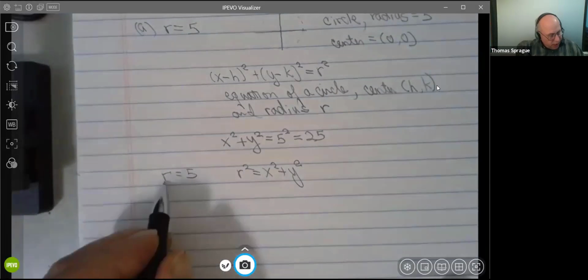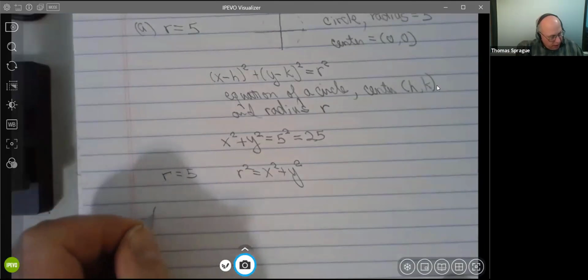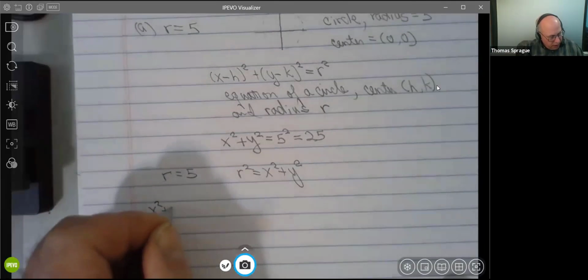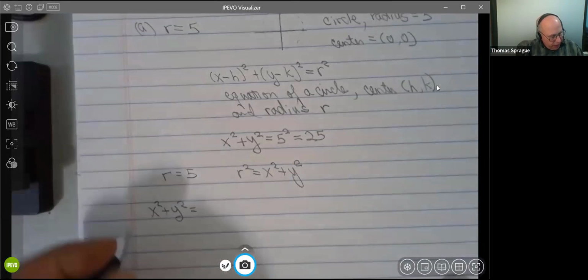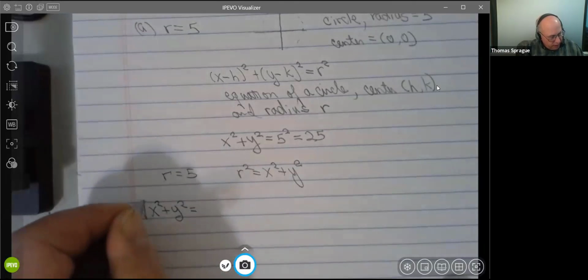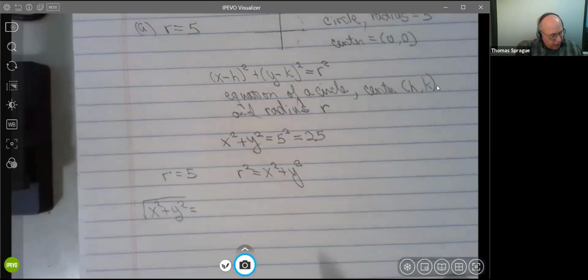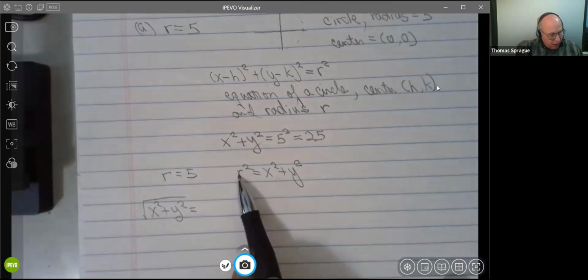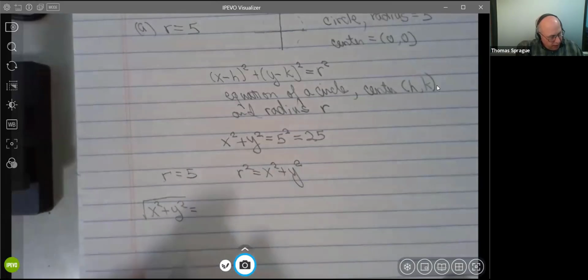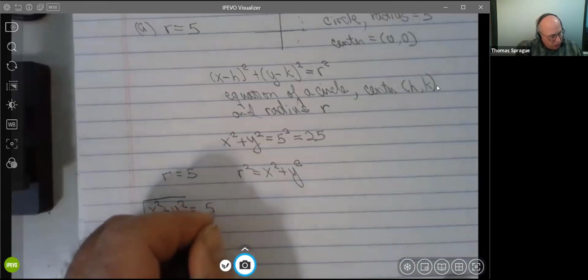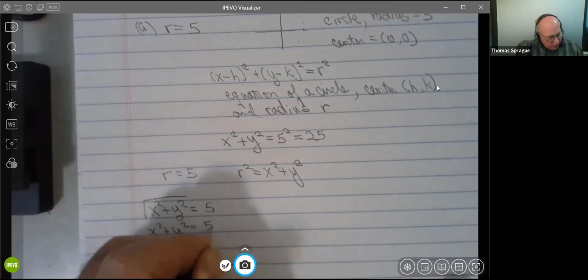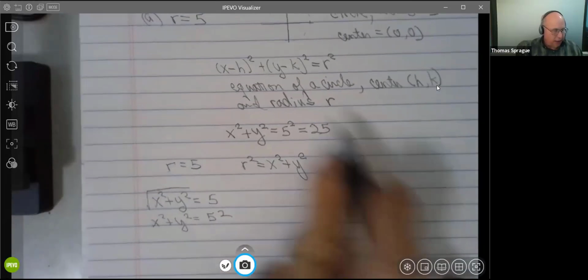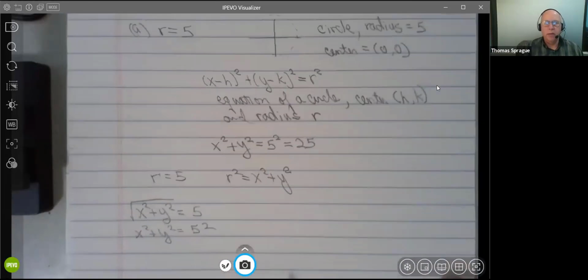So then you could say, well, instead of r, I'm going to write the square root of x squared plus y squared, because x squared plus y squared is r squared, not r. So take the square root of that, set it equal to 5, square both sides. x squared plus y squared equals 5 squared. Same result, either way. Both are good solutions.